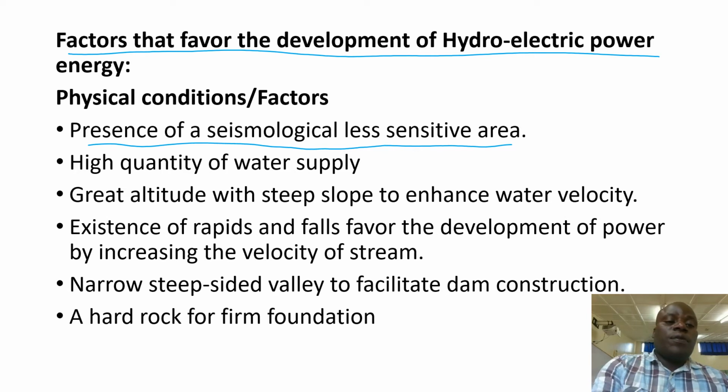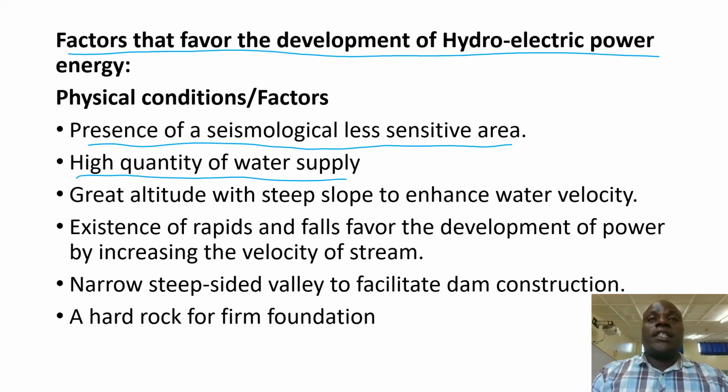Then we have a high quantity of water supply, because when there is much water, the blades of the turbine will rotate strongly and much power will be generated. Great altitude with steep slope to enhance water velocity.